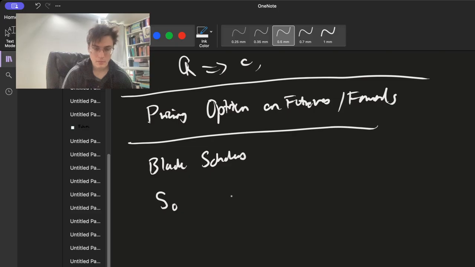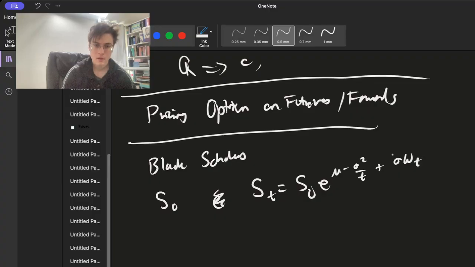It's e to the power of a Brownian motion, realistically. I don't remember the exact formula, but it involves mu minus sigma squared over 2 times t plus a standard Brownian motion term.